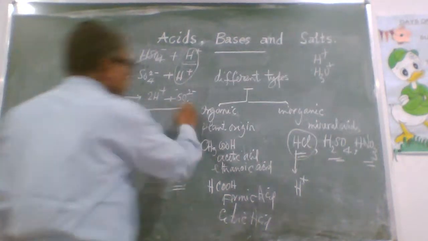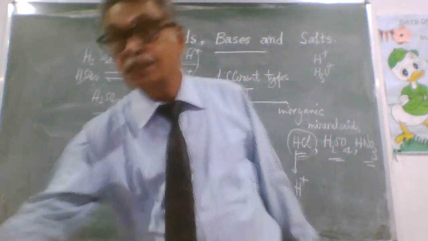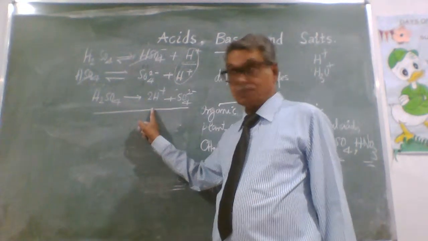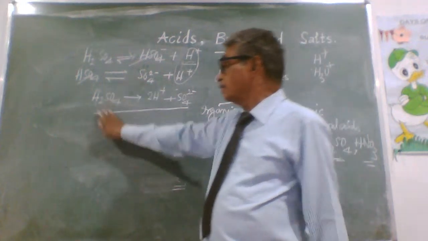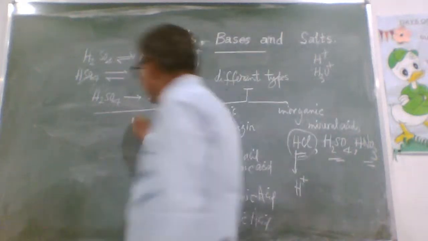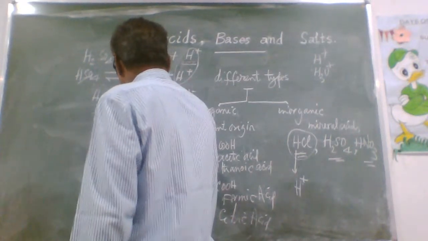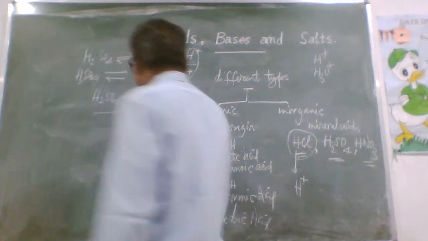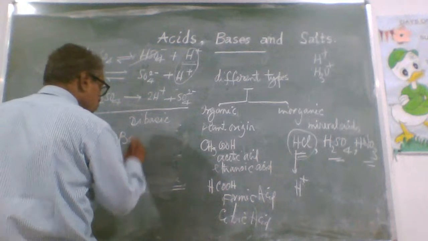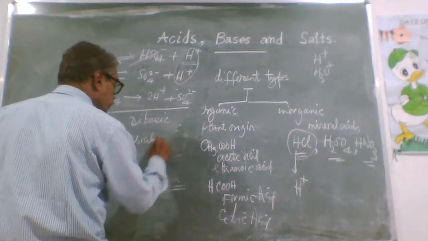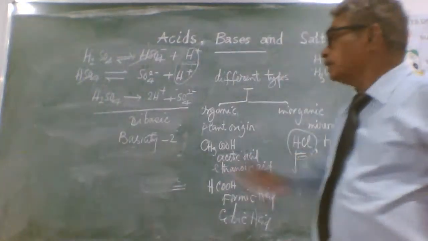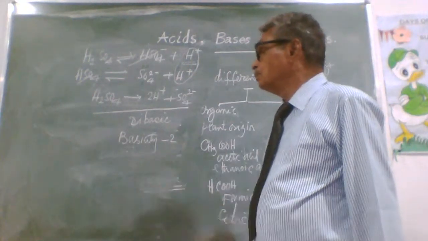So one molecule of sulfuric acid gives two hydrogen ions. An acid which can give two hydrogen ions per molecule is called a dibasic acid. Its basicity is 2. The basicity of sulfuric acid is 2.